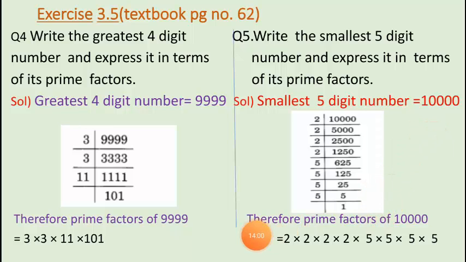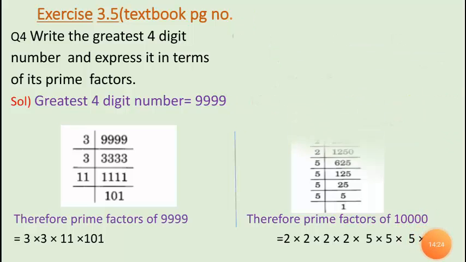So now when we list down the factor for this smallest 5-digit number, so you can see here in the prime factorization list we will include all the prime factors that we obtain in this repeated division method. We will not include 1 and the number itself in its prime factorization list. Always remember that thing.